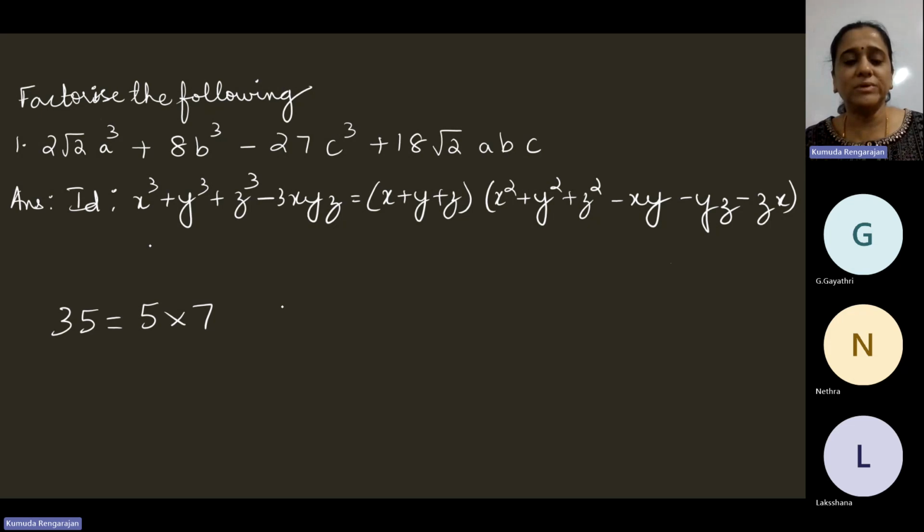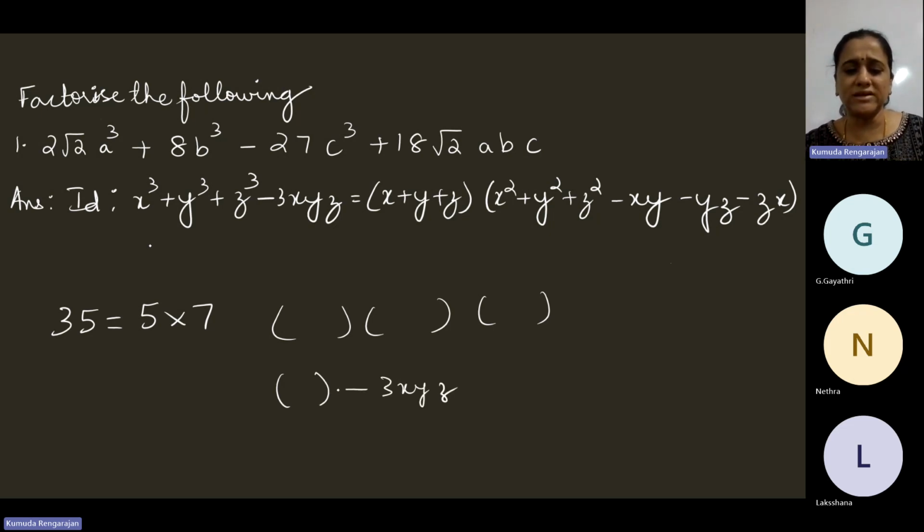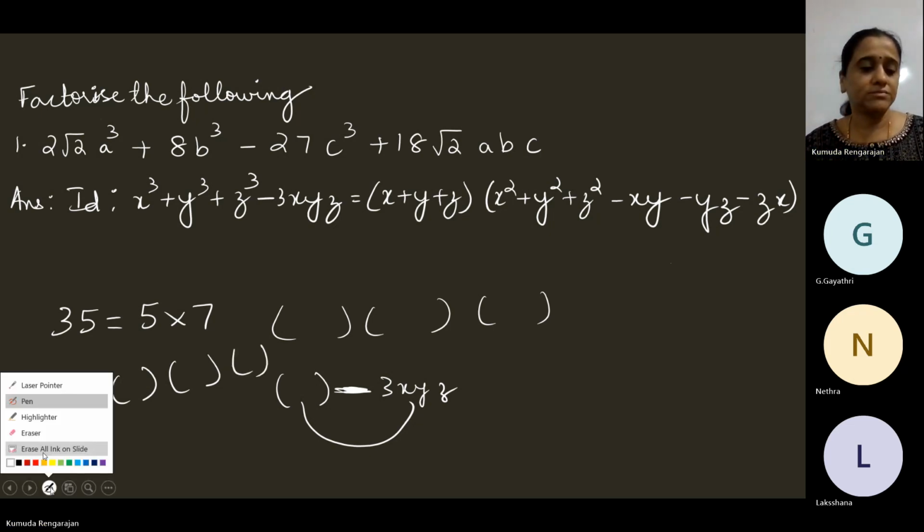So the answer will always be like something into something into something. You will not get an answer like one minus 3xyz. The connector between two things will not be a minus sign. If it is, then we are wrong somewhere. The answer will always be factor into factor into factor, depending on how many factors the given expression has.